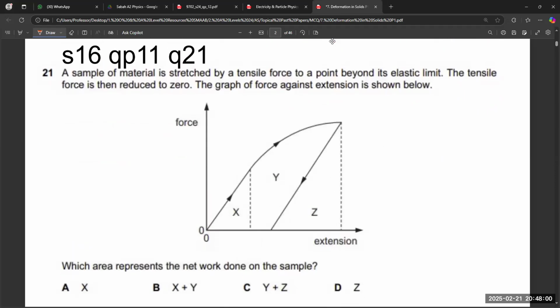And in question number 21, a sample of material is stretched by a tensile force.